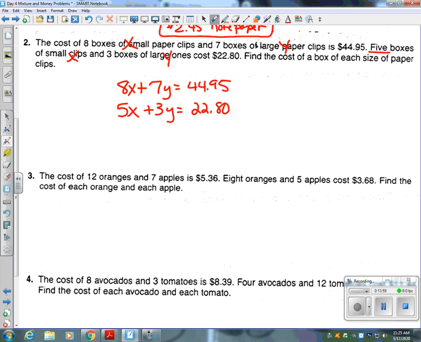Now we've got to find the cost. So now we're still rounding to the nearest cent. So we're looking at 8x plus 7y is equal to $44.95, and 5x plus 3y is equal to $22.80.